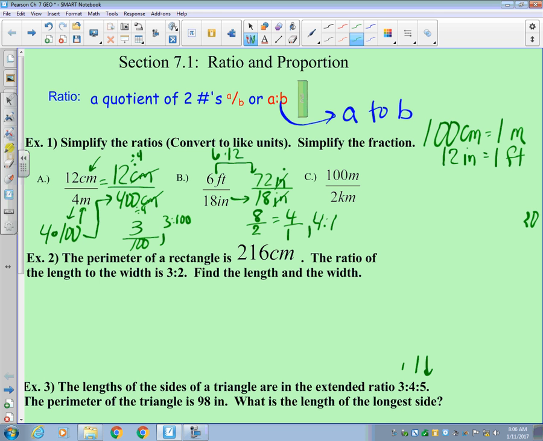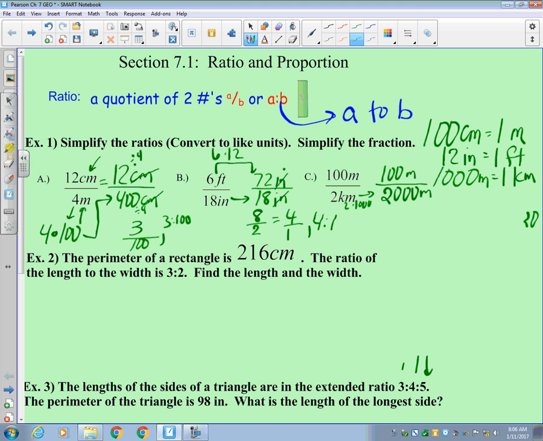Lastly but not leastly, we have 100 meters and 2 kilometers. I can tell you that there are 1,000 meters in 1 kilometer. So we're going to change the 2 kilometers. We're going to multiply 2 by 1,000. So we have 100 meters on the top, and we'll get 2,000 meters on the bottom.